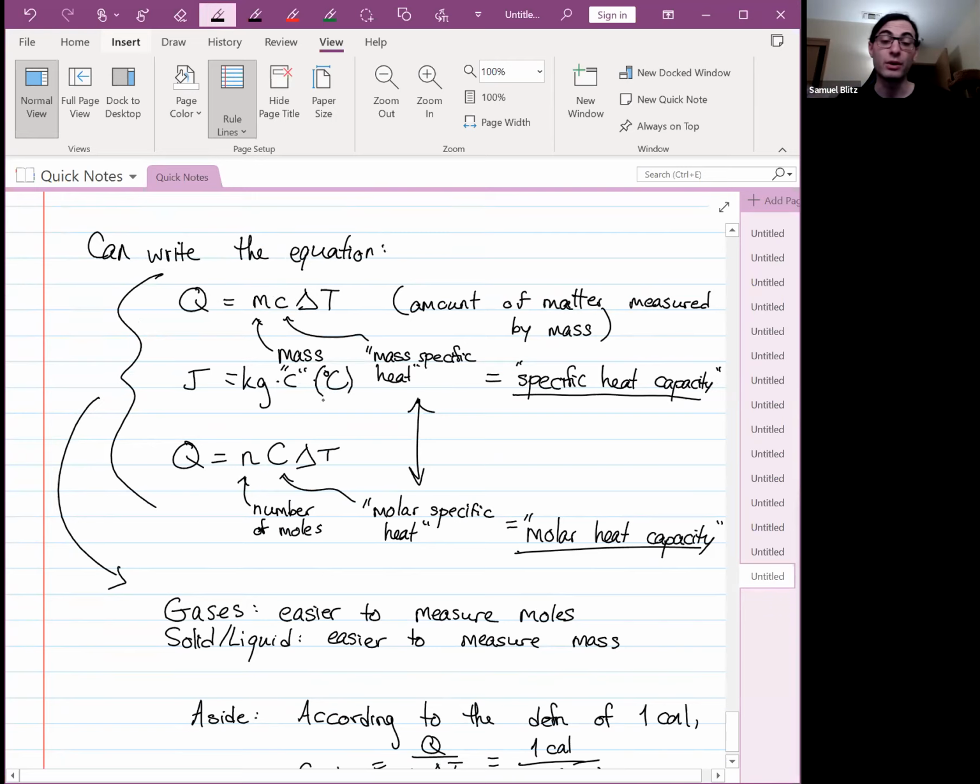So you could work out the units of the specific heat capacity just by solving for the units, right? And so it works out to be joules per kilogram degree Celsius or joules per kilogram Kelvin. And the same thing is true for the molar specific heat, which is just joules per mole Kelvin or joules per mole degree Celsius.